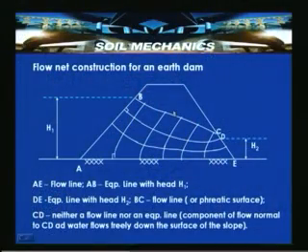So, one determines this, and then again determines the number of flow channels, the number of potential drops, and the head causing the flow, H1 minus H2, and by knowing the permeability one can calculate the seepage.